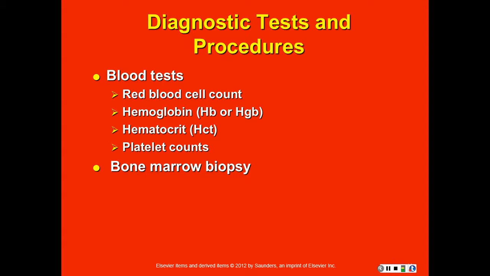Female hemoglobin is usually a little lower than male levels, especially if your female still has menstrual cycles. But they always run a little bit lower than the males.